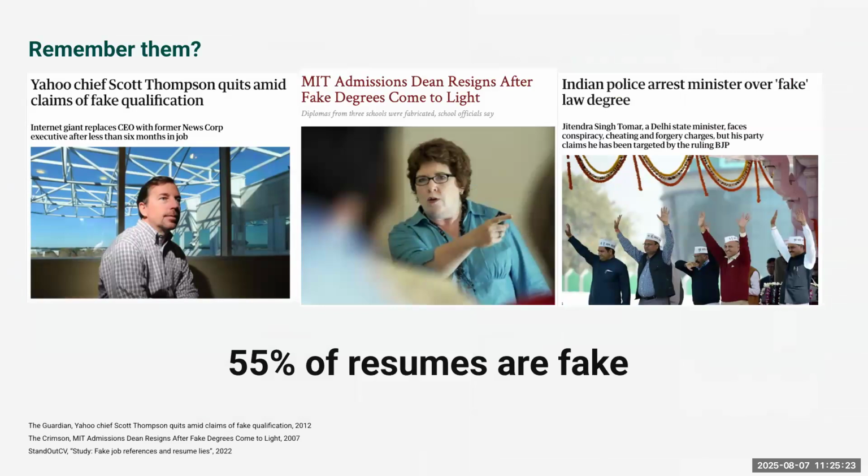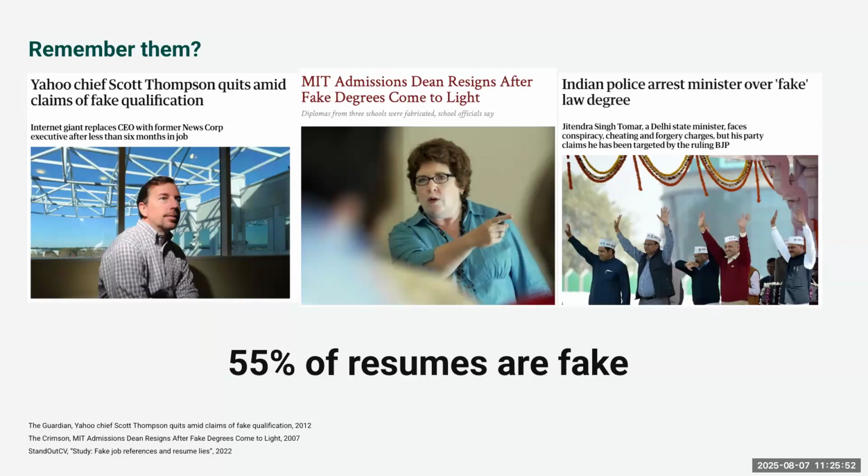This is the CEO of Yahoo, who got caught forging his educational certificate and had to resign. And this is MIT Mission D, also did the same thing and had to resign. And the worst case, one of the ministers in India, he forged his education certificate and he got arrested. Right, so this is a serious issue.